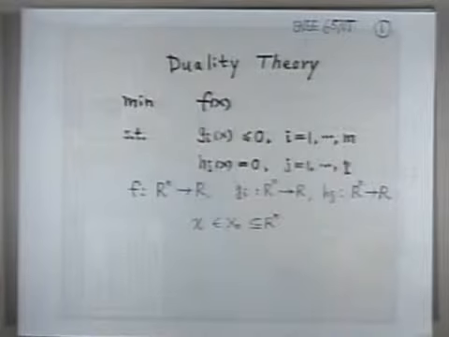And also we have this f, which is a continuous function mapping from the n-dimensional real space Rn to the one-dimensional real space R. And similarly, each constraint gi and hj, for both inequality and equality constraints, is also a continuous function mapping from Rn to R. And the feasible set, of course, can be the whole real space, but in general, it would be some subset of that, which I call x of 0.